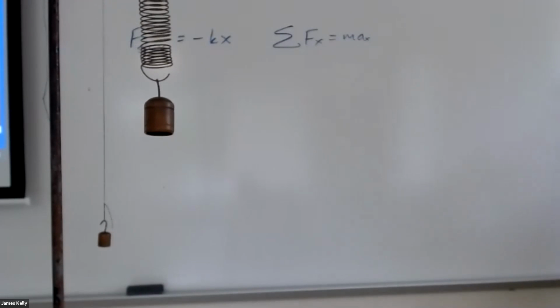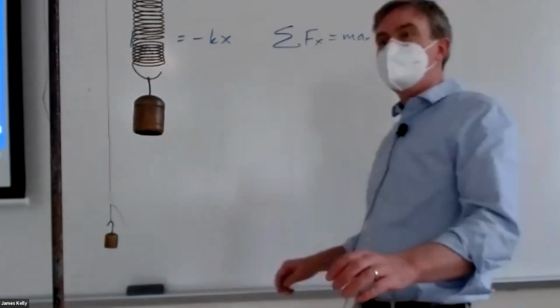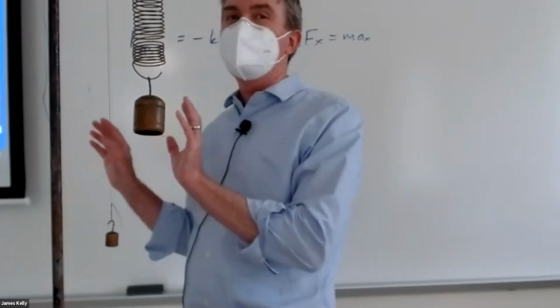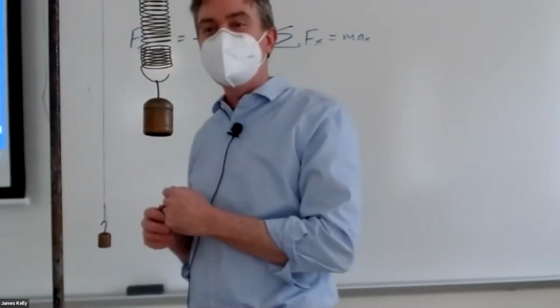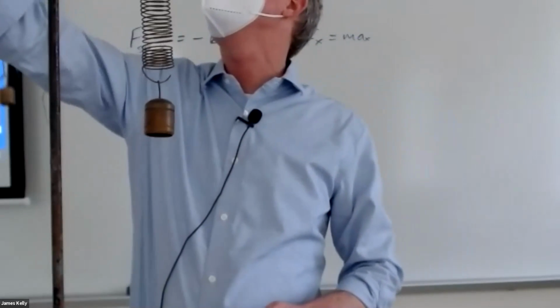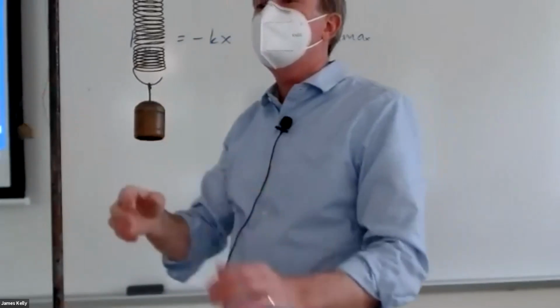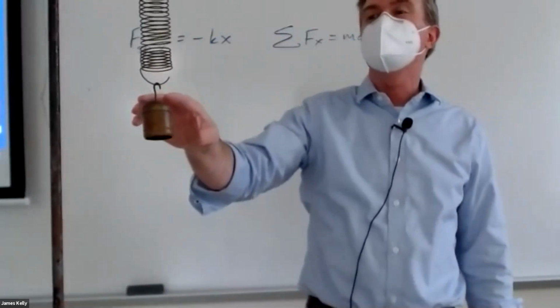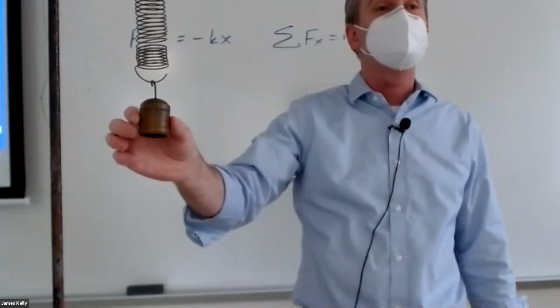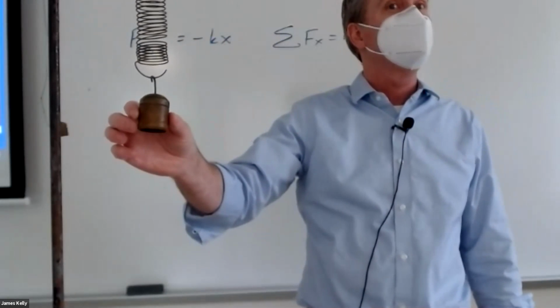So let's try to verify those, at least just looking at this mass spring system that we've got here. I know it's a little bit complicated because gravity is involved. We'll talk a little bit later about how we can kind of ignore gravity in these kinds of systems, but it's too hard for me to make it oscillate horizontally. So let's just try to get a feeling for what the oscillation period is. And notice it also says that the period of oscillation is independent of the amplitude.